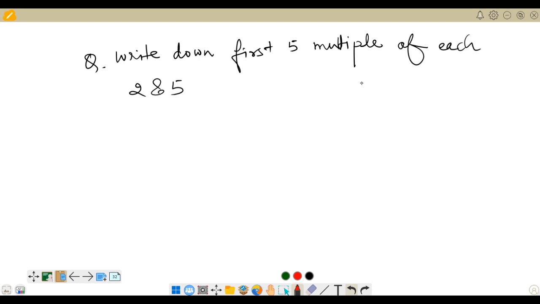I told you multiples are numbers which come in the times table. So the first 5 multiples of 2 are 2, then 4, then 6, then 8, then 10. In the case of 5, what do we have? 5, 10, 15, 20, 25.